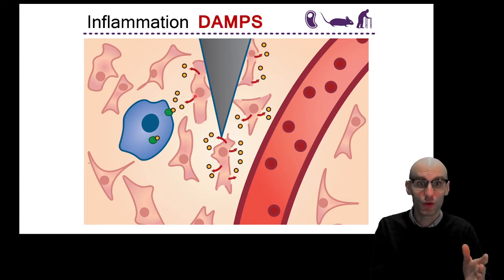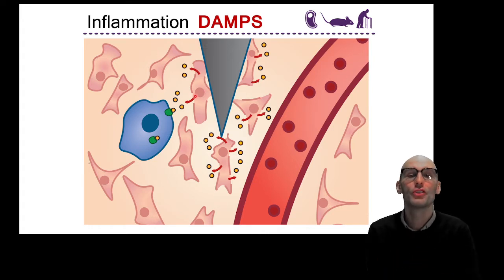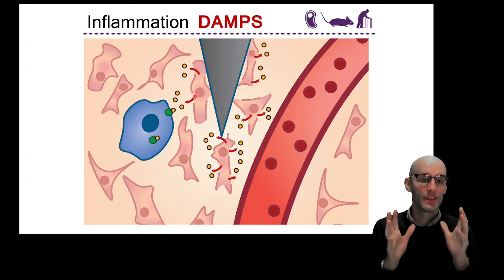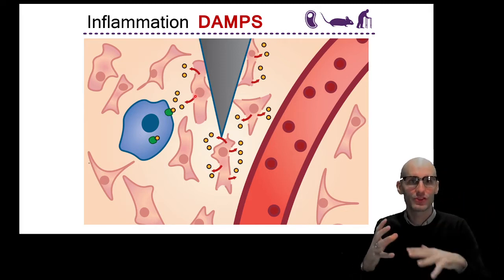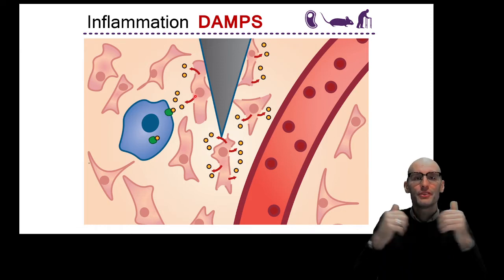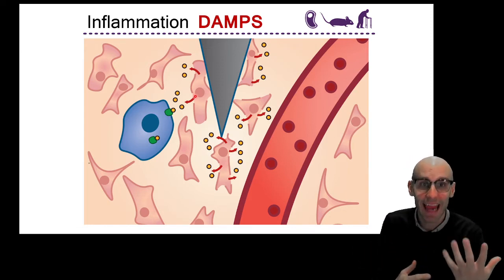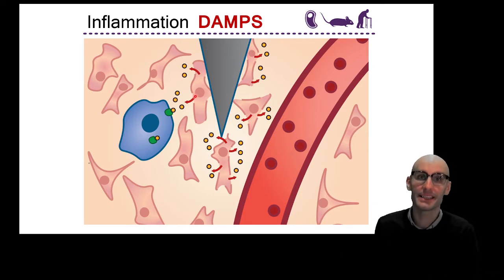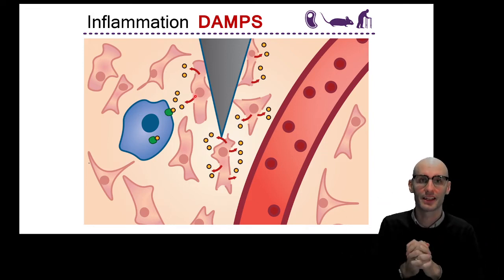What does that cause? Well, that causes compounds inside the cell to now come outside the cell. The extracellular environment is normally very different to the intracellular environment. So if you damage a cell, the contents of the intracellular environment are going to leak out into the extracellular environment. And that can be detected by our resident immune cell as it surveys the extracellular environment.